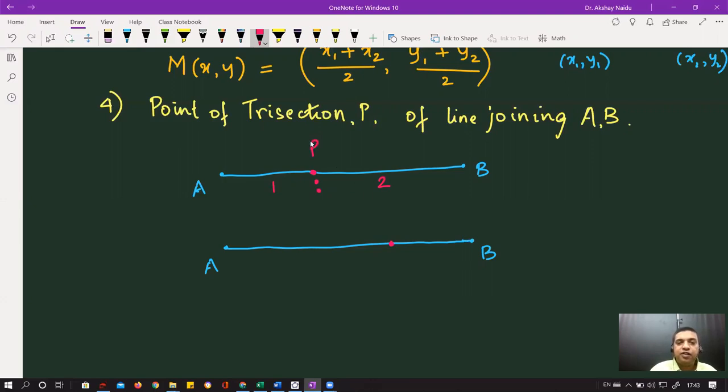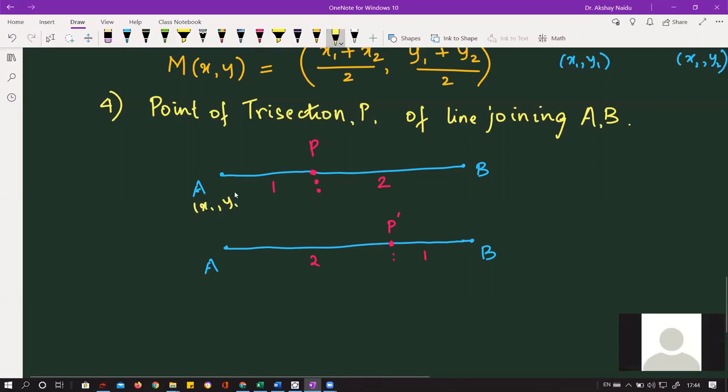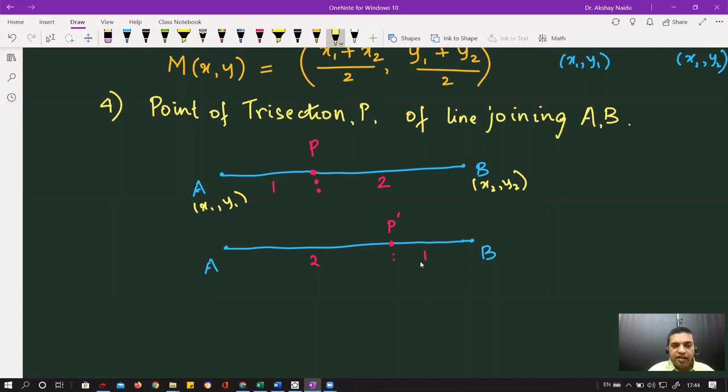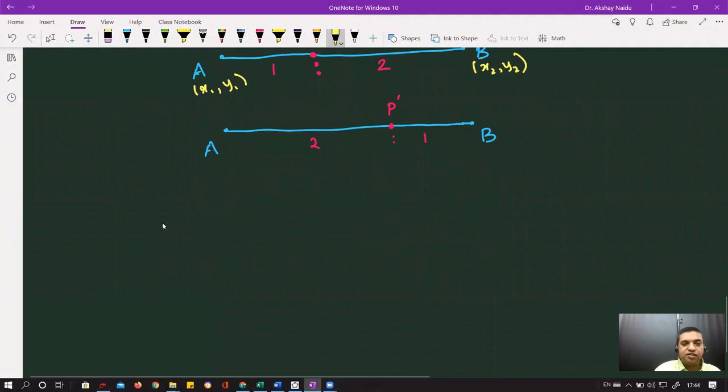So I'll write this point as P and this point as P dash. A is (x1, y1), B is (x2, y2). So the point P divides the join of AB in the ratio 1:2 or 2:1. So there are 2 points of trisection.